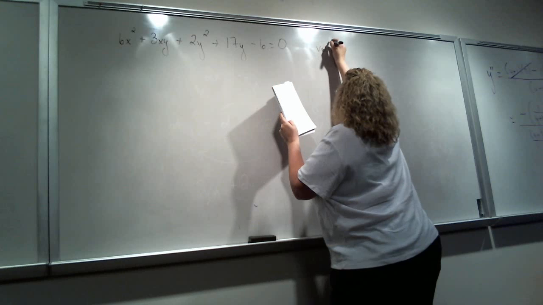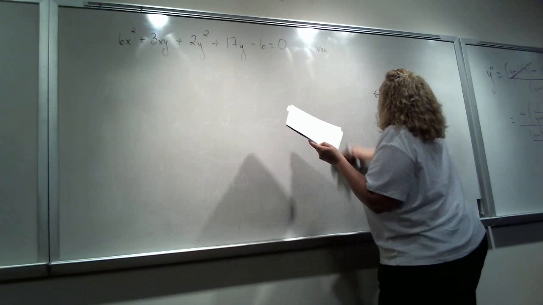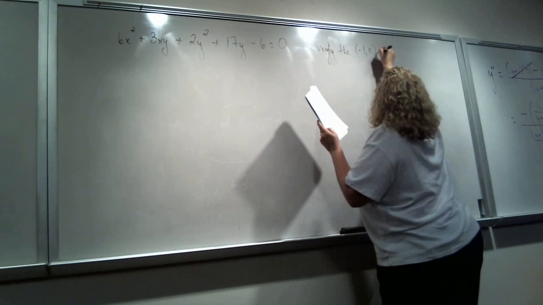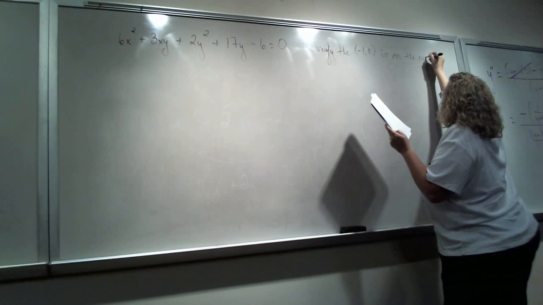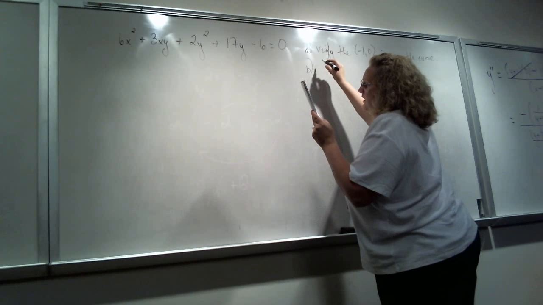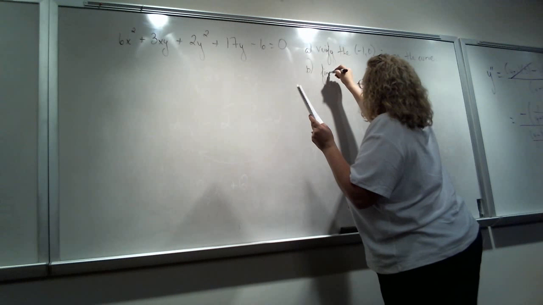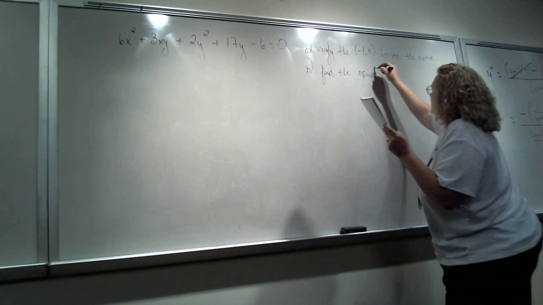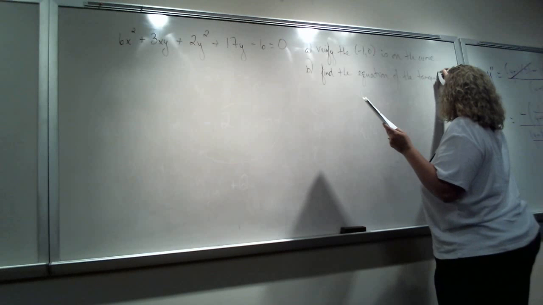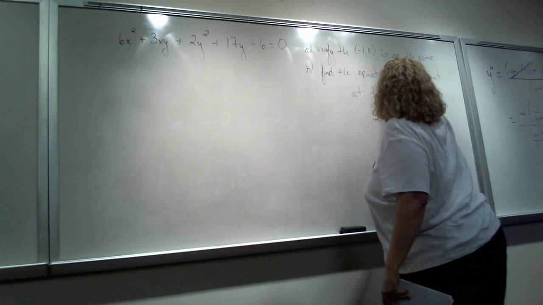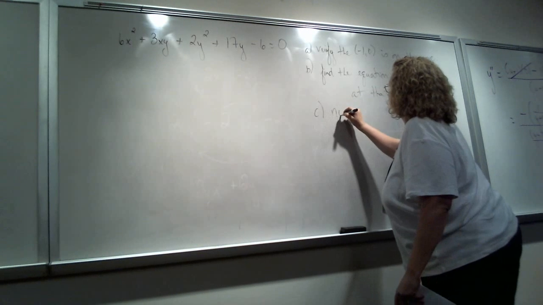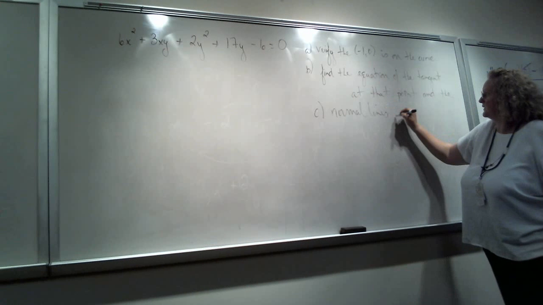I want you to verify that -1, 0 is on the curve, and then find the equation of the tangent line at that point, and the normal line equation.